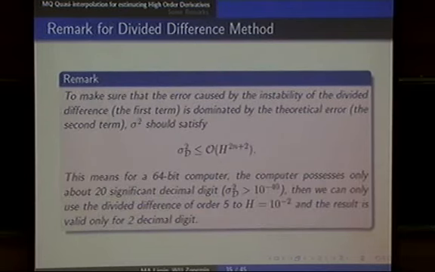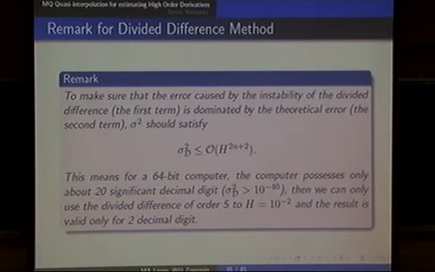However, this asks that the random error should be smaller than big O of h to the power 2n plus 2. This means that if we use a 64-bit computer, the computer holds only about 20 significant decimal digits.